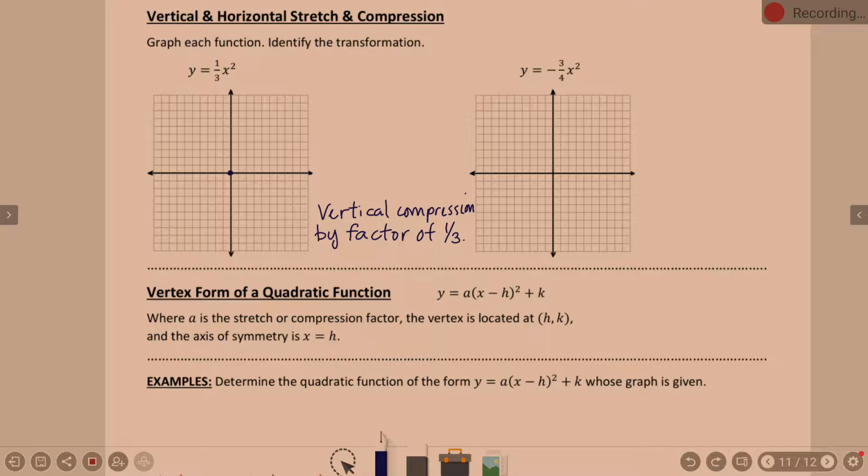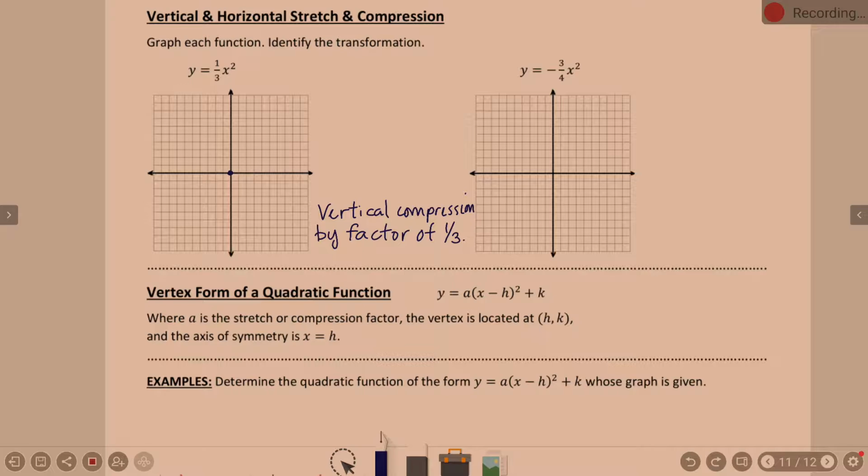Now, can I just use the 1, 1, and 2, 4 to get my other points? Nope. No, because we have that compression. This parabola, instead of being taller and skinnier, is going to be wide. It's going to squish down, so it's going to be wider. The best suggestion I have when there's a fraction out front is that you do an XY chart.